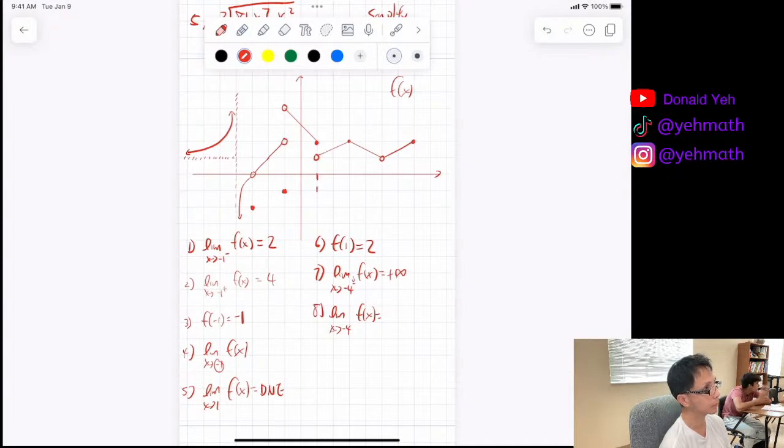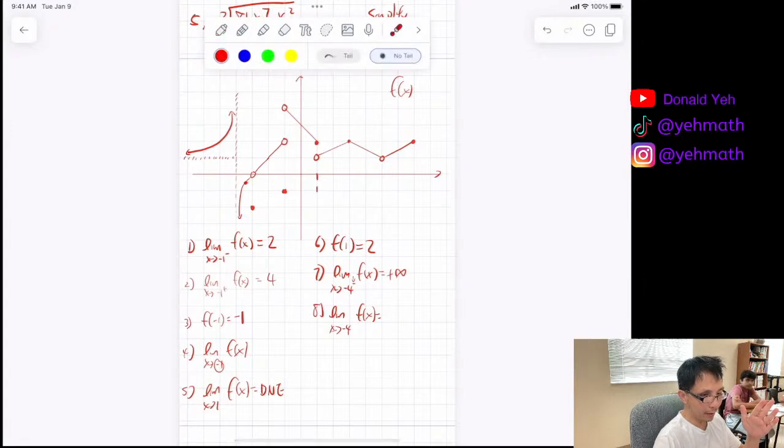Because this is an asymptote. That could be a reason, but that's not the entire reason. You should be looking for the first reason. The limit approaching -4 from the left side is positive infinity. The limit approaching from the right side, the positive side, goes to negative infinity. Therefore, if I ask you about one particular number, you should look from both ends. They don't come to the same conclusion, so the limit does not exist.